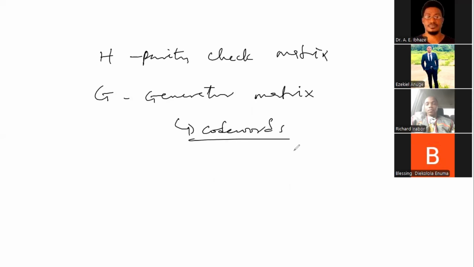So we are going to see how we use this to generate the code words. And if we use the generator matrix to generate the code words, then it means that we will also use the parity check matrix to decode the code word. And that process is called syndrome decoding, right? It's a syndrome.